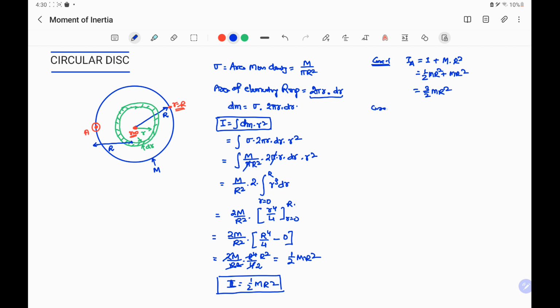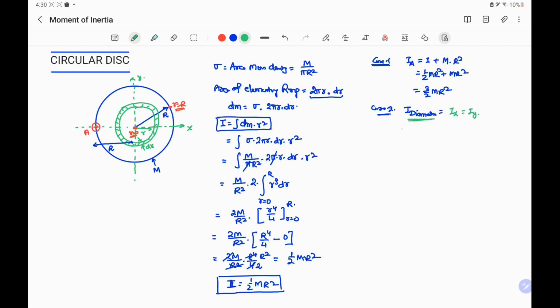In case 2, if we consider a diameter, so moment of inertia about diameter, as we have done in the ring, we will consider two axes which are perpendicular. One is x-axis, another is y-axis. These axes are in the plane of the disk, and we can write that I diameter is equal to Ix and it is equal to Iy.